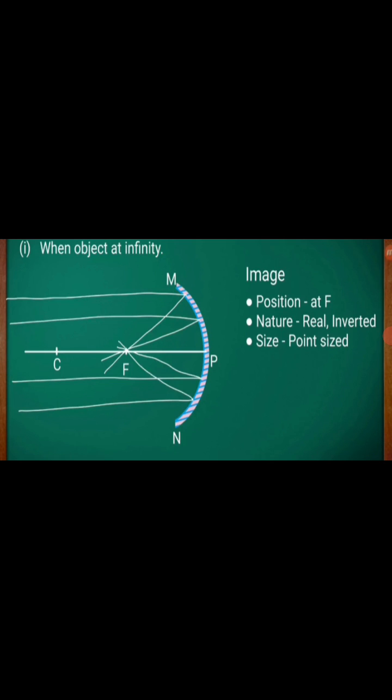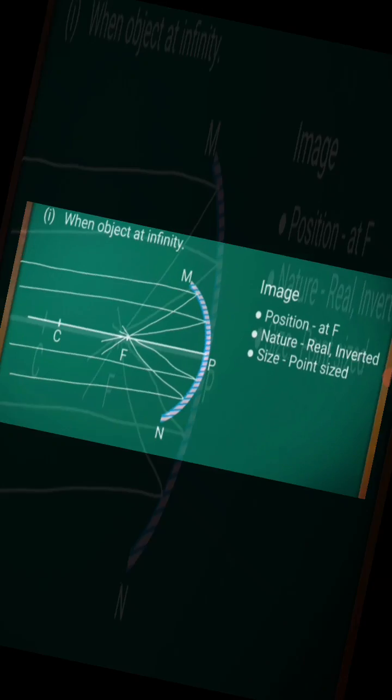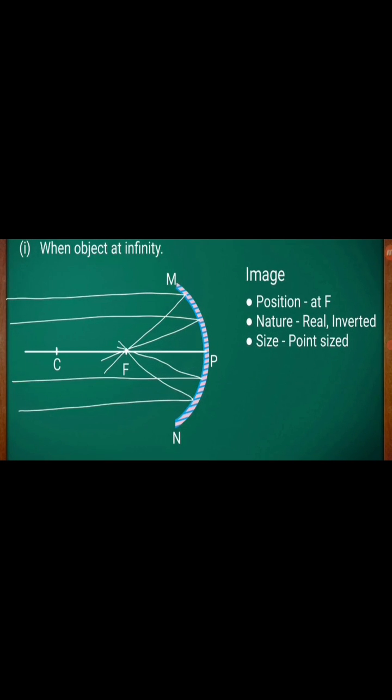And remember, as I've said, wherever the two light rays after reflection meet, that is going to be the image formation. Now, where are the light rays merging? Yes, at the principal focus. Therefore, the position of the image is at F, the principal focus. What about the nature of the image? It is real and inverted. And what about the size?